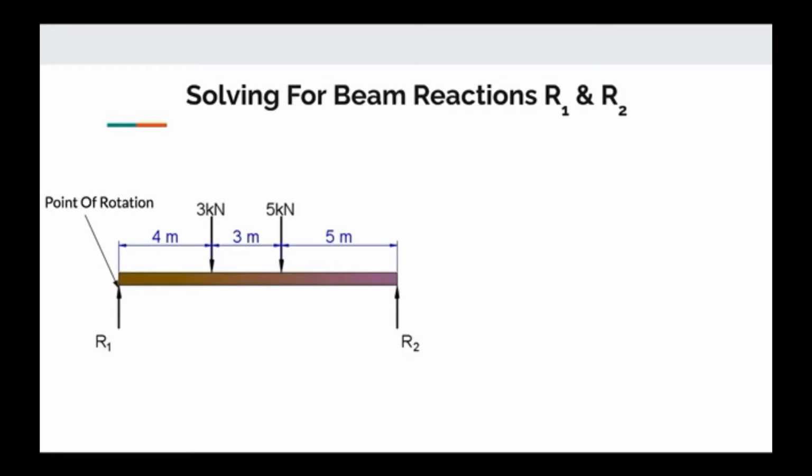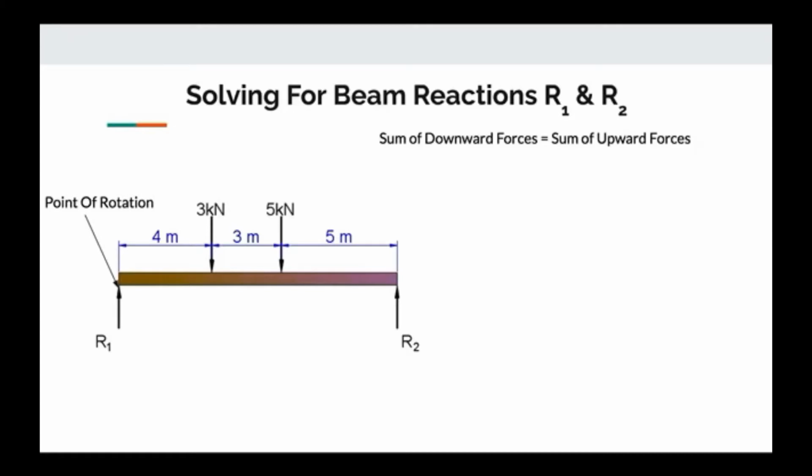Now, as was stated in the previous video, the sum of upward forces is equal to the sum of downward forces, and this applies for a beam that is in equilibrium, meaning there's no failure taking place. So the sum of upward forces is R1 and R2.